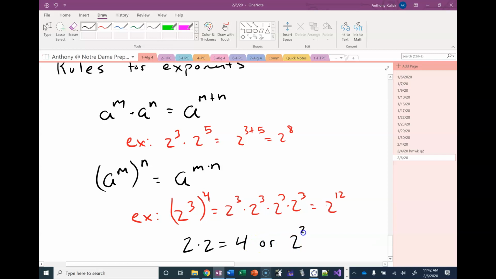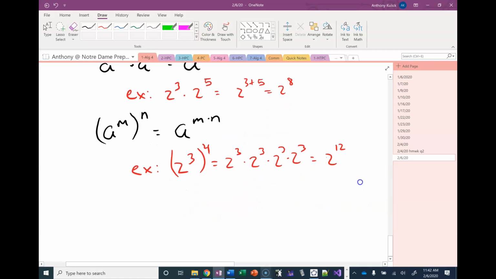Or I could write it as 2 squared, right? Yeah. And just by adding the exponents. Okay. So it's the same idea here. We don't want to multiply the bases together. We want to keep everything in a factored form because it makes it easier to kind of reduce our radicals. Does that make sense? Yeah. Okay.